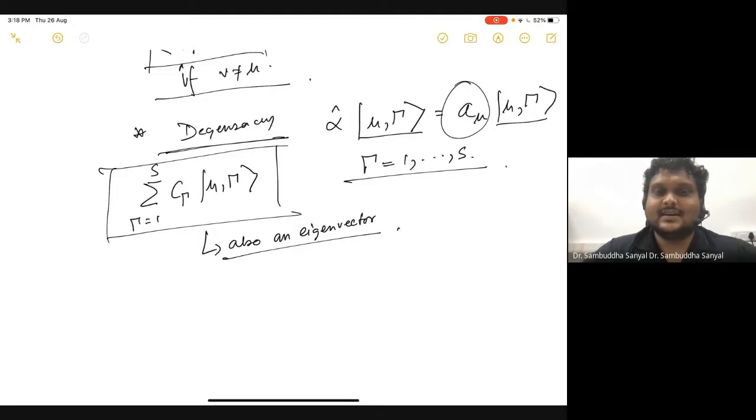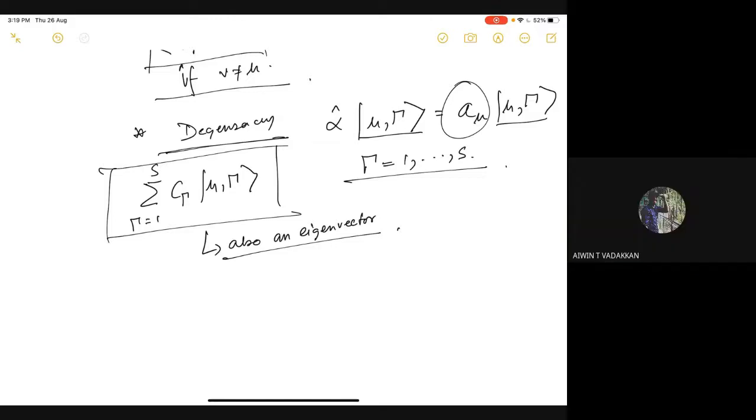Or is it clear, obvious that it must happen? Are you there? Pranab, can you hear me? He's probably sleeping. Sir, can you show a demonstration? I need a demonstration for this.